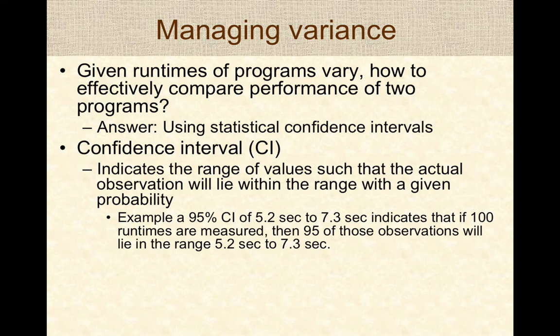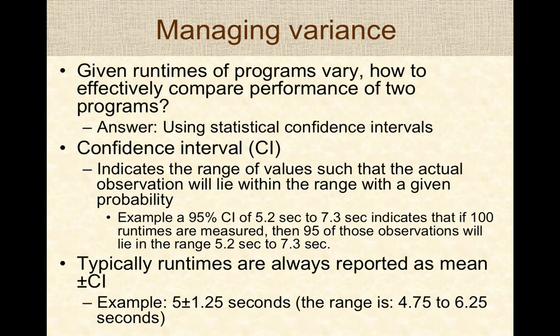So for example, let's say we have a 95% confidence interval of 5.2 seconds to 7.3 seconds for the runtime of a given program. This confidence interval essentially indicates that if 100 runtimes are measured, then 95 of those observations will lie in this range, and the reason for the 95 is it's a 95% confidence interval.